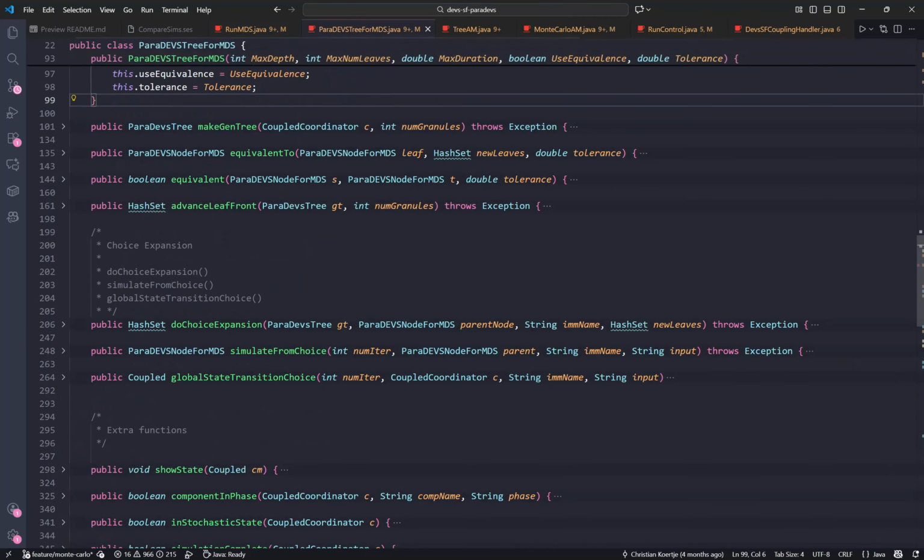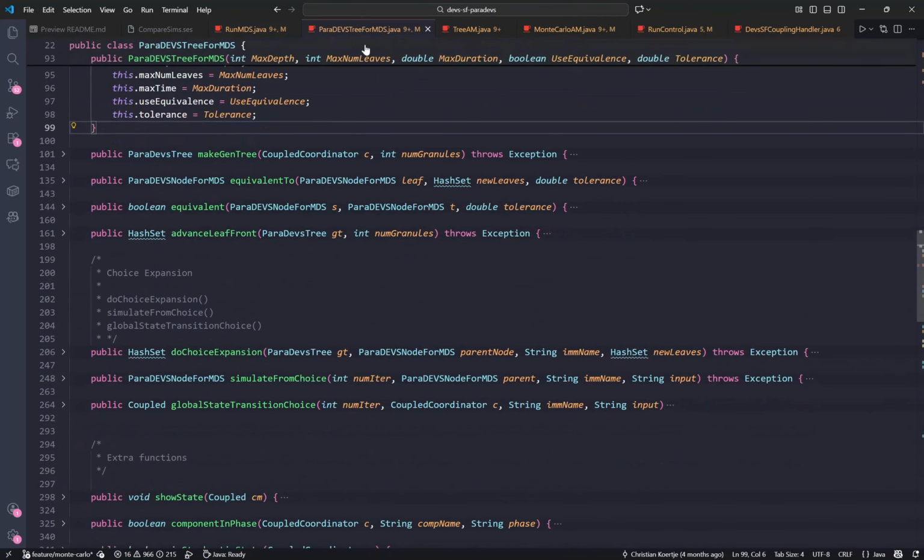The other component is ParaDEVS. This is just going to break down some of the steps that we take to generate a ParaDEVS solution. There's a make general tree function. The advance leaf front is the thing that creates branches for each possible choice in the simulation.